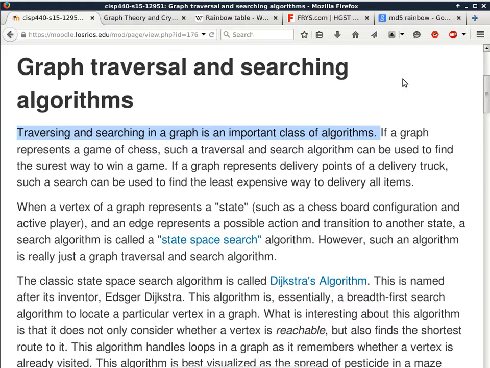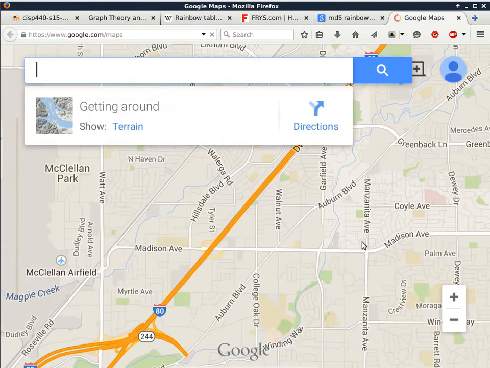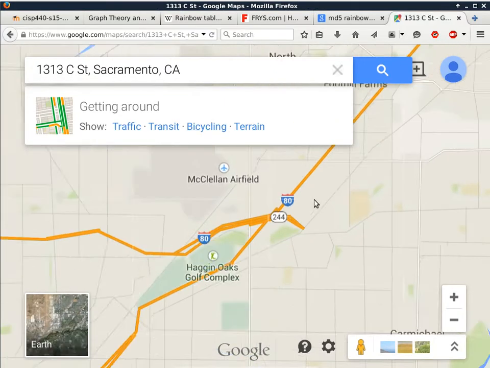So the question now is, why is it important to know how to traverse and how to search in a graph? Well, that's because most of the time, that's what we want to do. Okay, one way to look at a graph, and this is the kind of graph that we see all day long, is to go to Google Maps. Okay, so when you go to Google Maps, I think this is where we left off from last time.